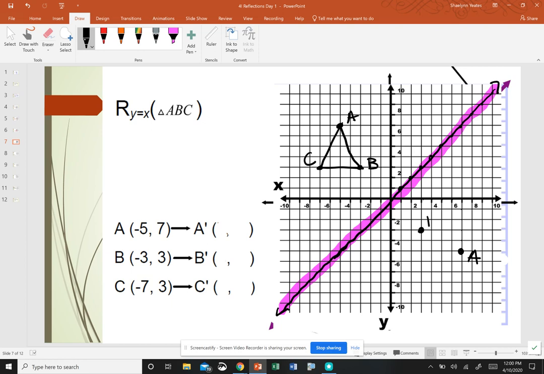Here's B. So there's A prime, B prime. And then C is up 3 and over 7. So now we're going to go down 7, over 3. So it looks something like this.